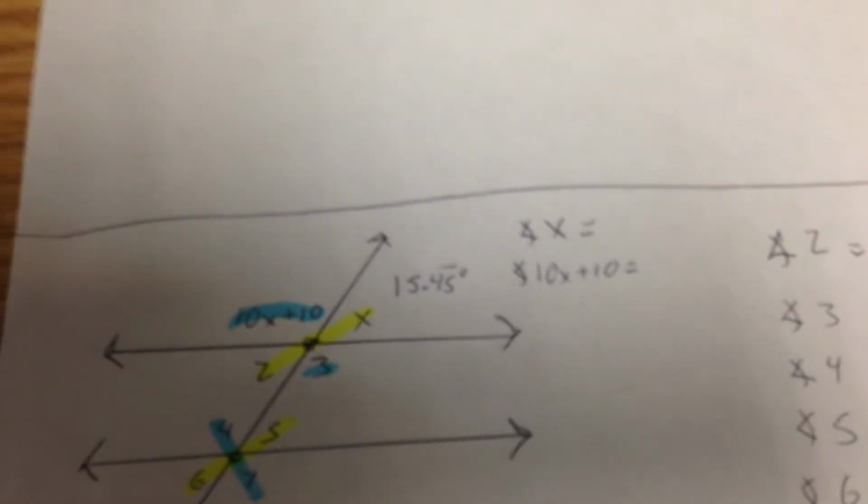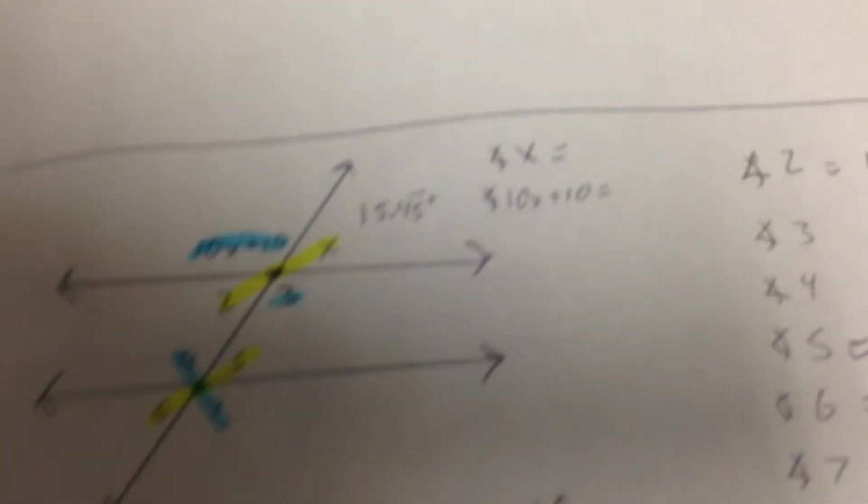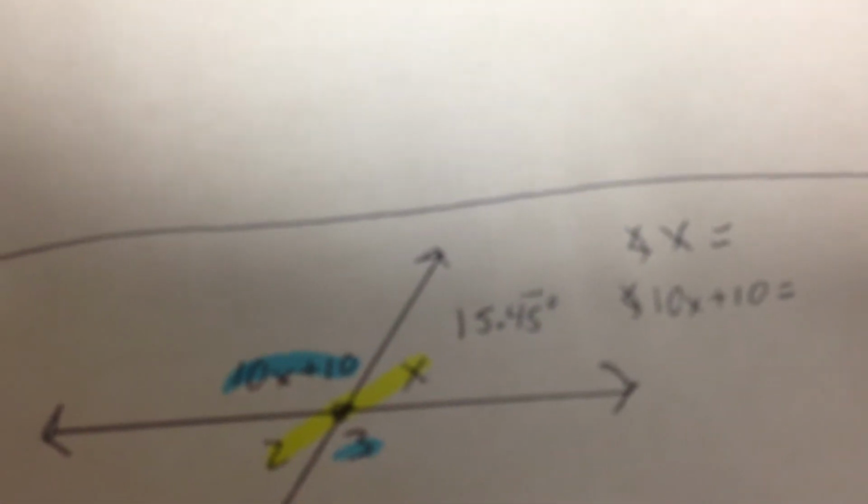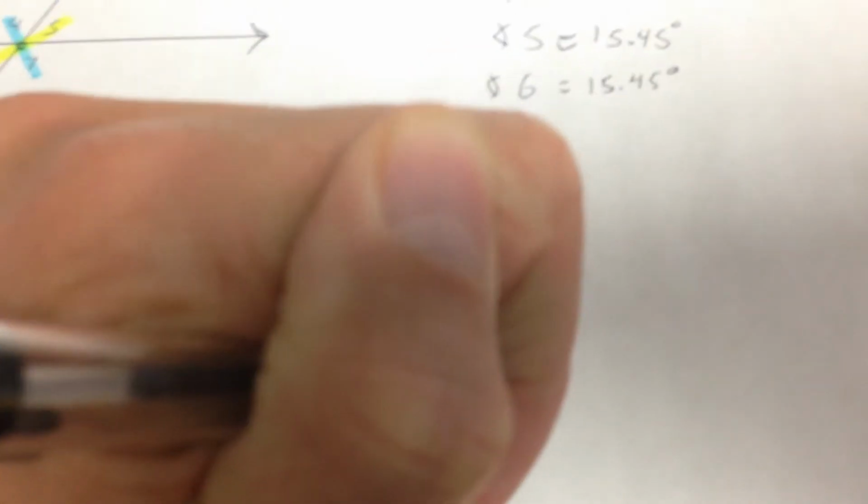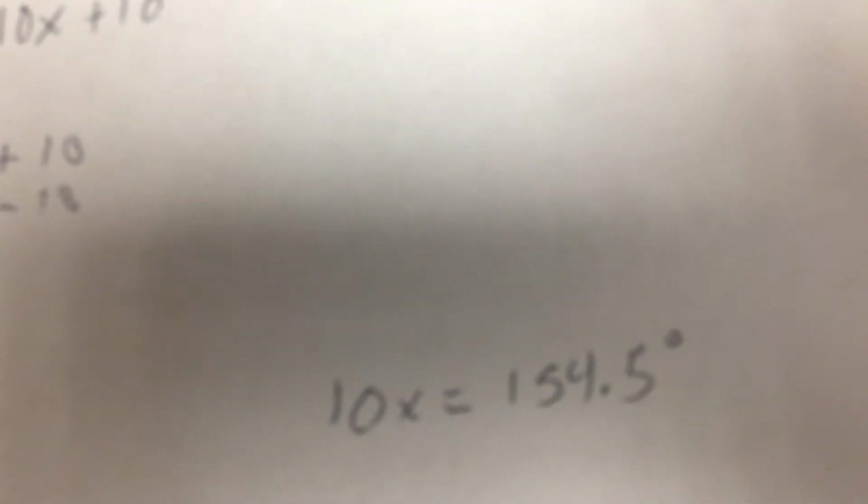So then, all we have to do is the same thing. We would just plug our equation in. So 10x plus 10, we know that x is 15.45, which means that 10x is going to be 154.5 degrees. So we've got that. Plus 10 is going to be 164.5 degrees.